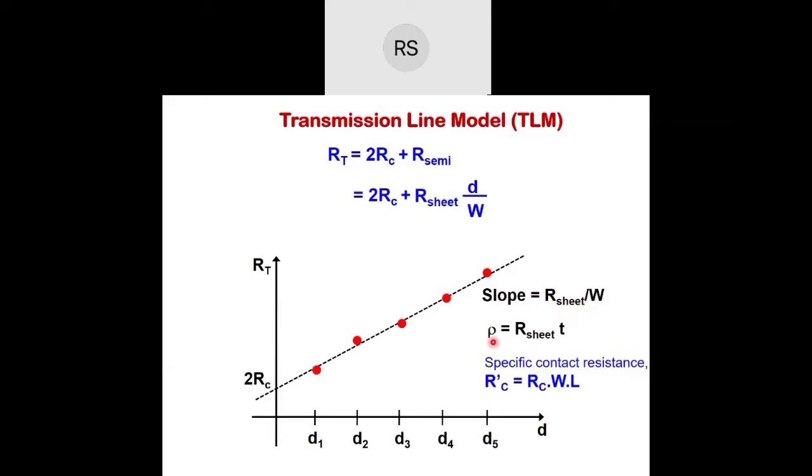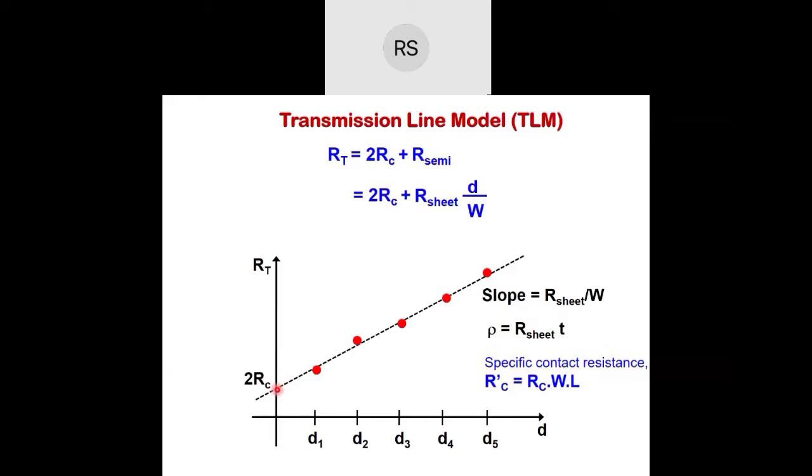Resistivity is sheet resistance multiplied by the thickness of the film. Here I am using small d as the thickness of the film. I am more interested in the specific contact resistance, since the other quantities I can anyhow calculate from other methods. The contact resistance Rc is given by the intercept on the RT axis.